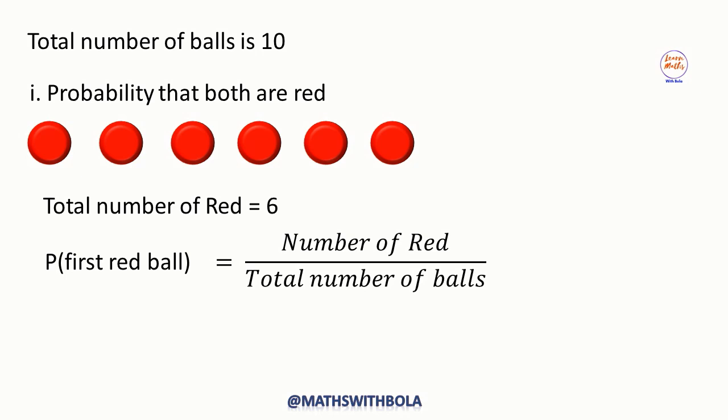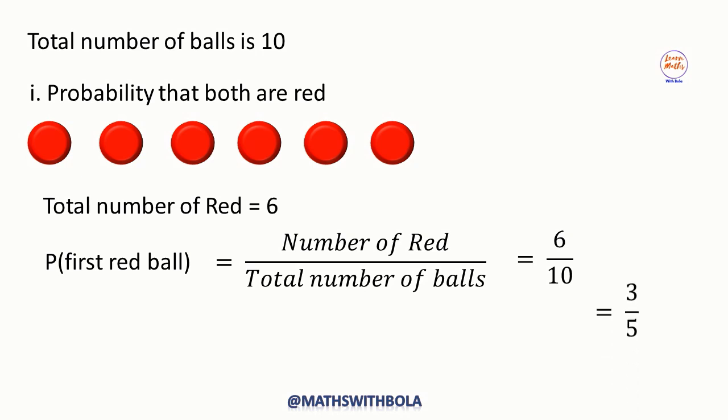So very easy. And don't forget that in this we are told that it is with replacement. That means when a ball is picked, then it is returned back into the bag. So we have 6 balls over 10. The total number of balls is 10. Then we have 6 red balls.